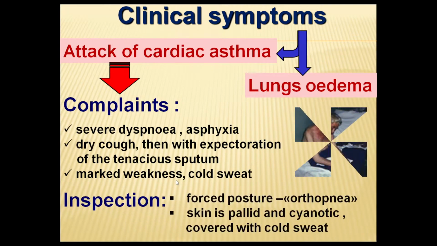On inspection, we see first the posture, you remember orthopnea. We said about this posture, which is characteristic for patients with an attack of bronchial asthma, and this posture may be of the patient with cardiac asthma, but you see, the patient puts his extremities downward to hold blood in the greater circulation, which then has difficulty coming back into the right ventricle.